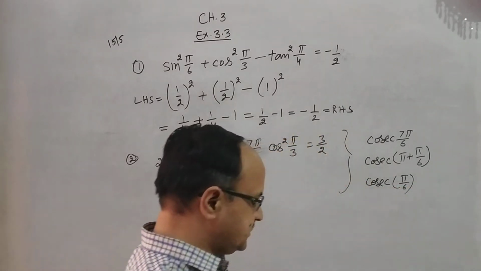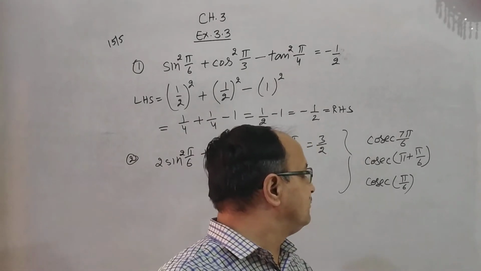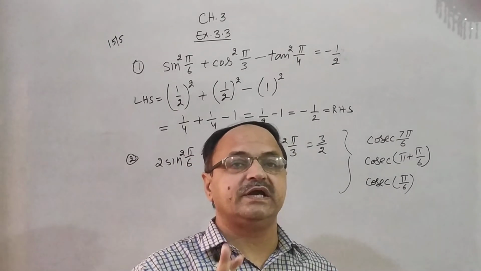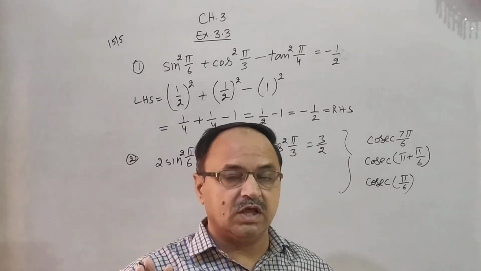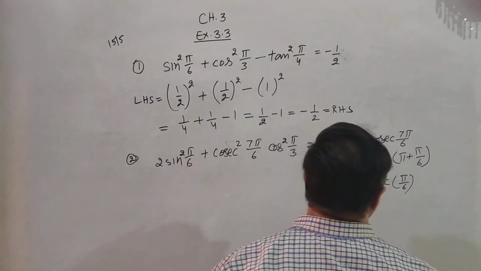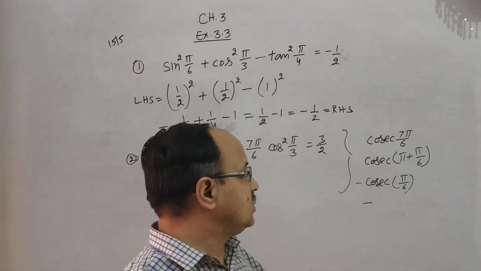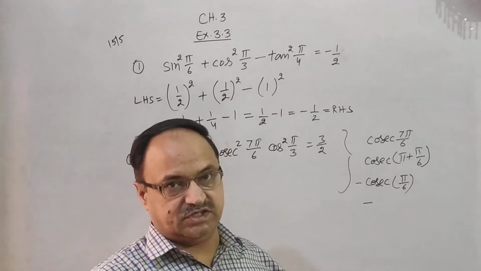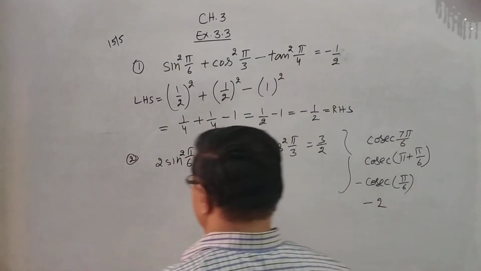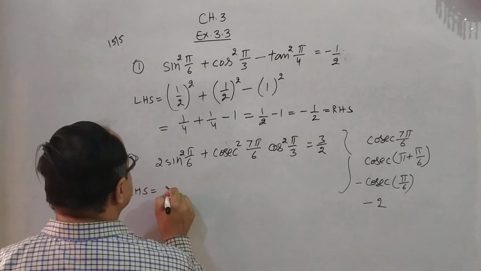But you know that pi plus theta lies in third quadrant, and in third quadrant only tan and cot are positive, therefore cosec is negative. And you know very well, value of cosec 30 is 2.